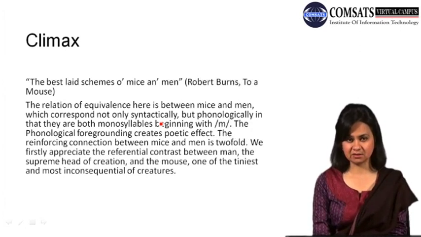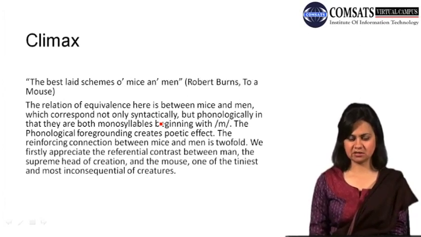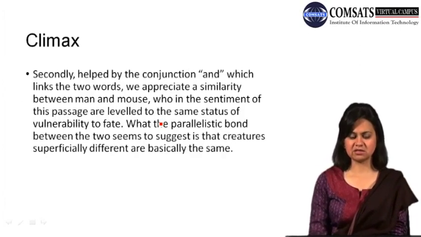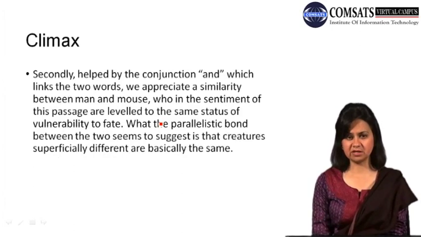But mice and men do not have any similarity. Now if they are put side by side or together, that is to highlight the contrast between their existence, and then the emphasis on the similarity between their fate, that the conjunction and links the two words, mice and men. So we appreciate a similarity between man and mouse. Now what is the similarity?